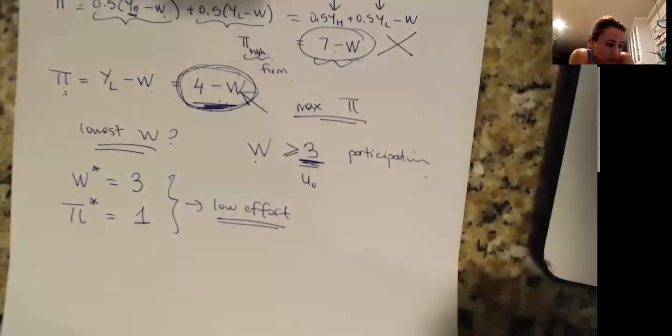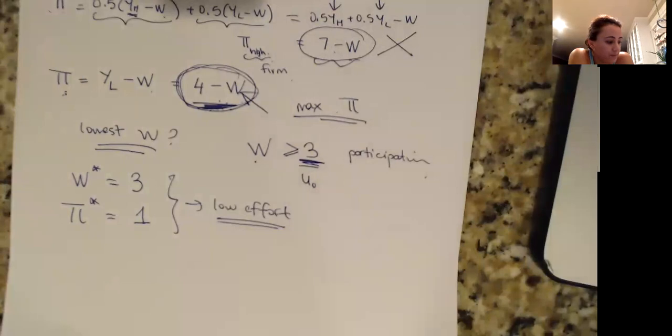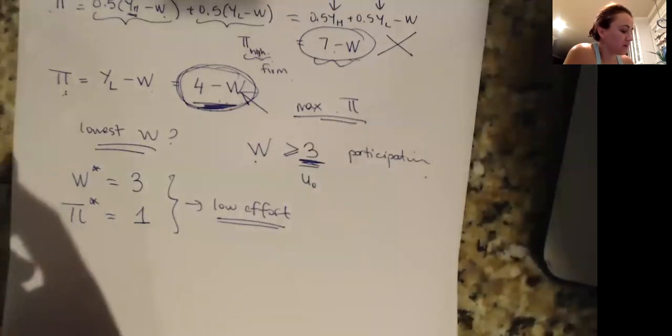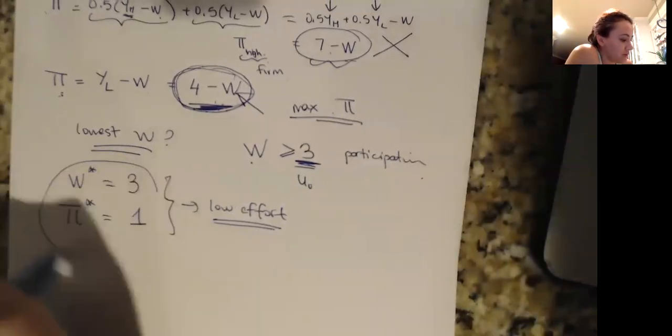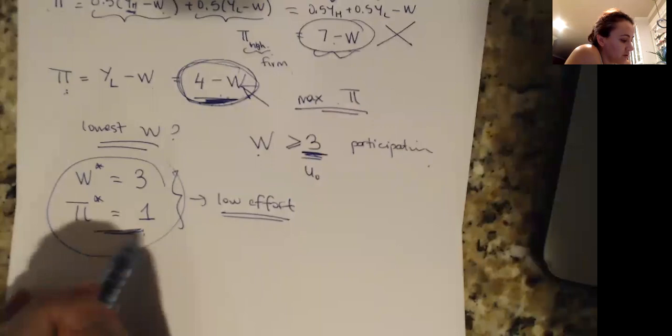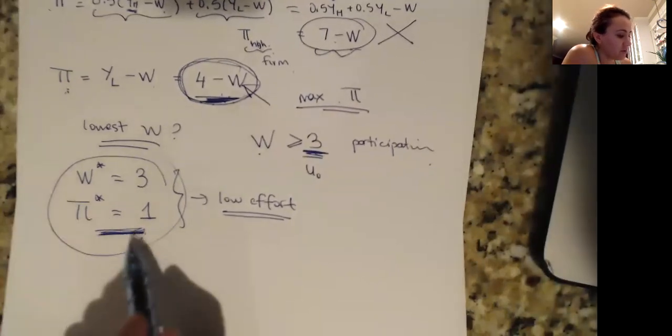The worker will definitely show low effort, and as a result, you will definitely get low output, YL. Okay? So keep this profit equals 1 somewhere in your head, because we are going to use this later.